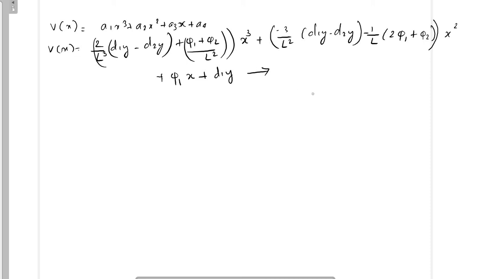So you can define it with the equation number 1, the complete equation of the problem.